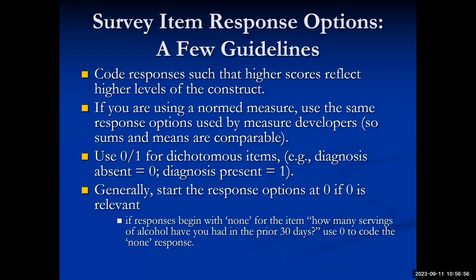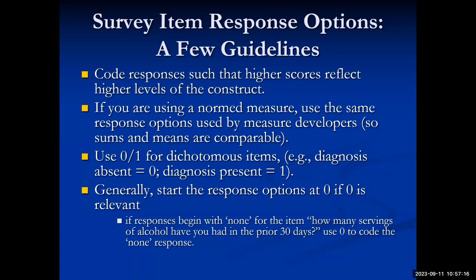Dichotomous items are often used to reflect the presence or absence of some characteristic like a diagnosis. And so we'll code the absence of a diagnosis as 0, the presence of a diagnosis as 1. And I typically start my response options with 0 if 0 is relevant.